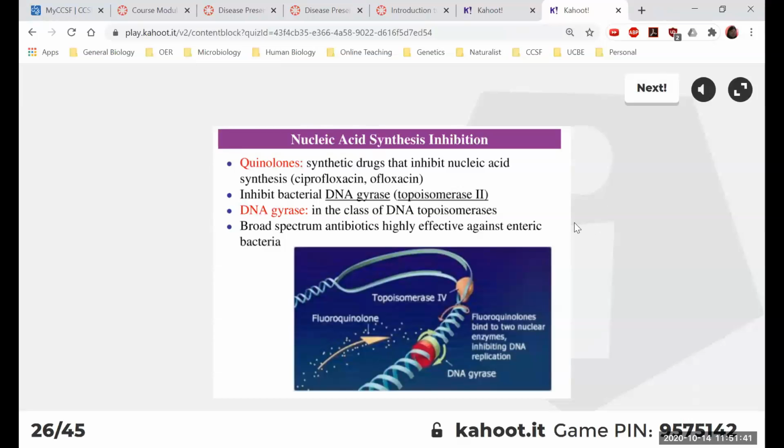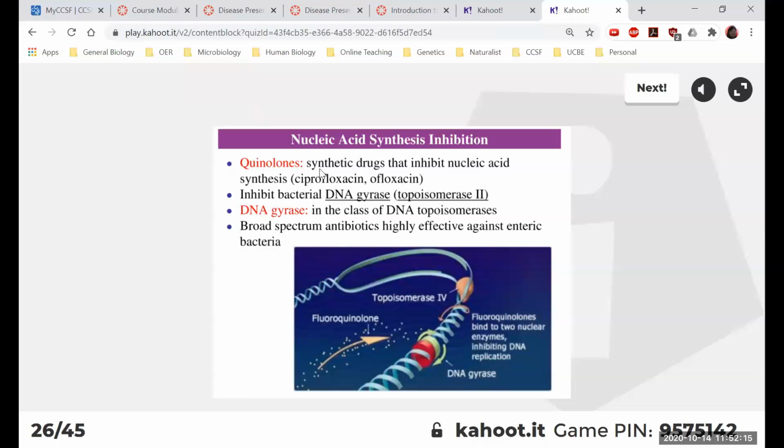And then we have nucleic acid synthesis inhibitors. Quinolones target topoisomerase. If you remember from our conversation about DNA replication, helicase comes in and starts unwinding DNA, and the unwinding in both directions ends up creating a lot of tension in the double helix. So we have this other enzyme called topoisomerase that comes in and can nick open one DNA strand, and then release some of that tension.